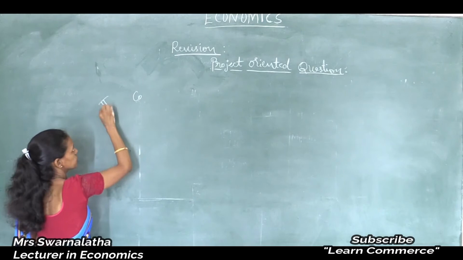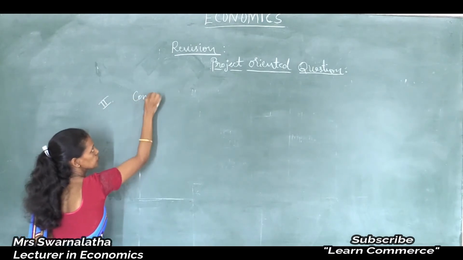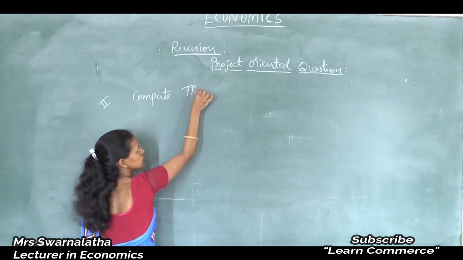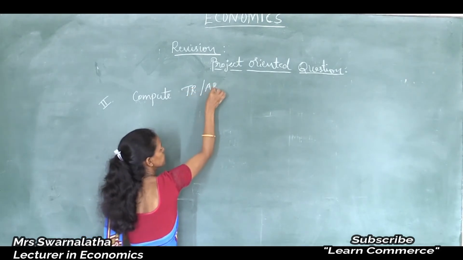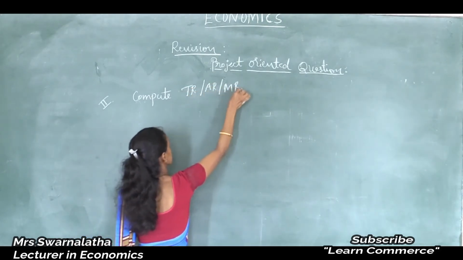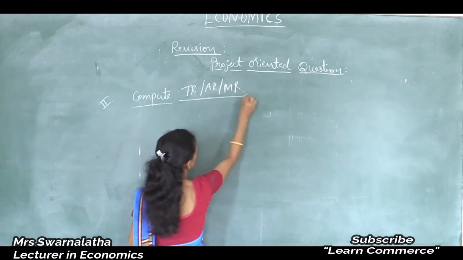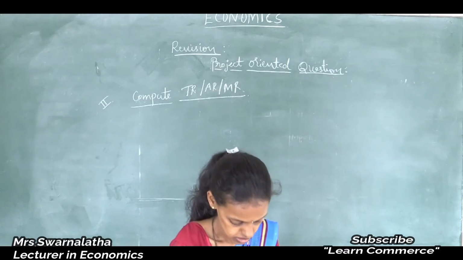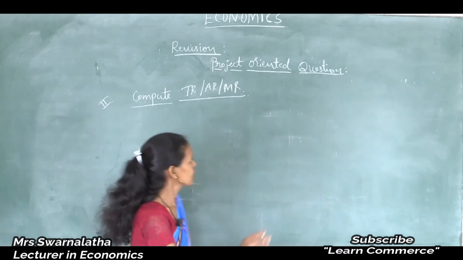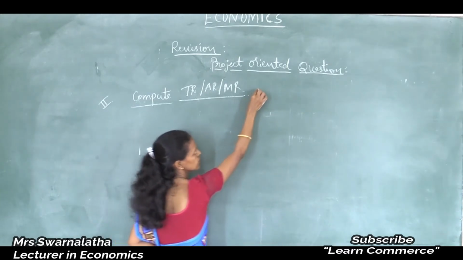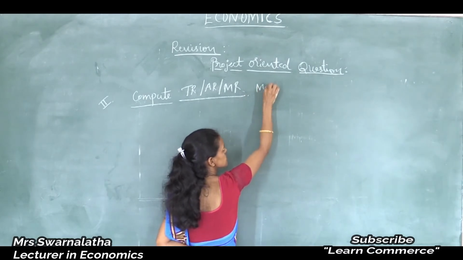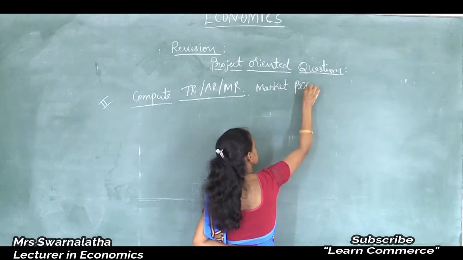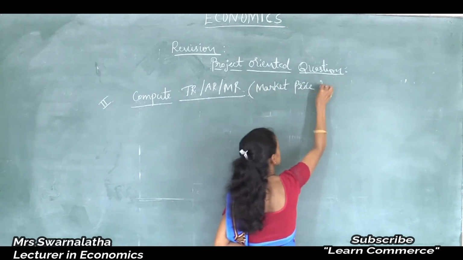Second project oriented question: compute total revenue, average revenue and marginal revenue. Suppose the market price is given as rupees 10.